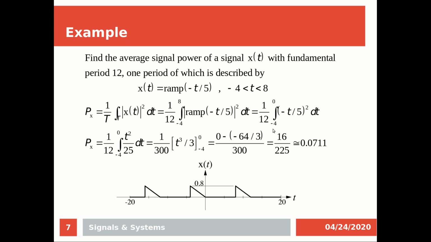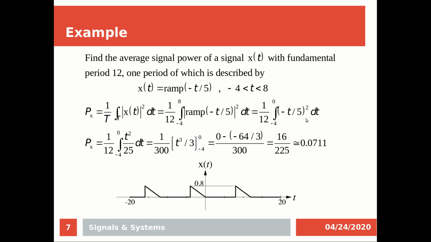So from minus 4 to 0, it will give you minus t over 5, squared. It is just like this, because ramp is actually t, if you remember from the previous lecture. Whatever is inside the ramp will be the function. So it will be minus t over 5 squared, and the period will be limited to minus 4 to 0.